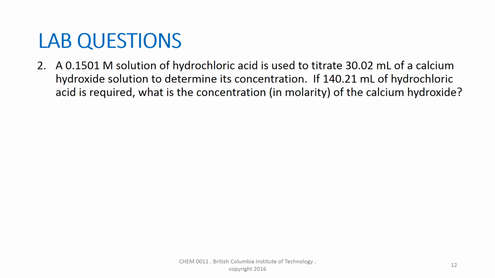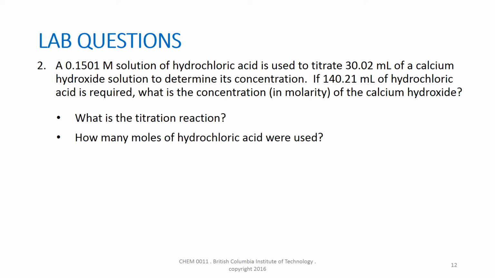The second lab question has to do with calculating the concentration of a solution from titration results. Breaking a problem down like this into a series of steps can be useful. The following steps can be used. The balanced titration reaction must be considered. From this, the mole ratio between reactants is attained. How many moles of HCl are used? This can be calculated from the concentration of HCl solution and the volume of HCl.